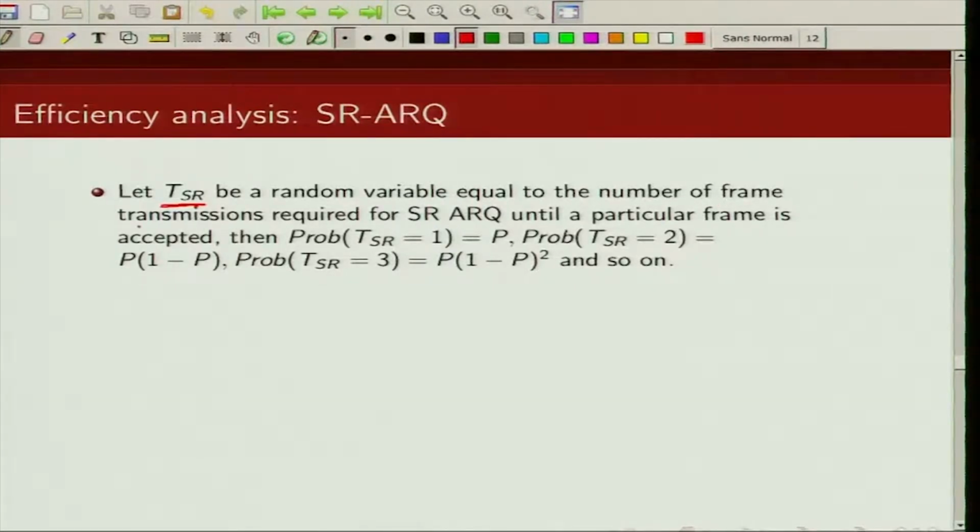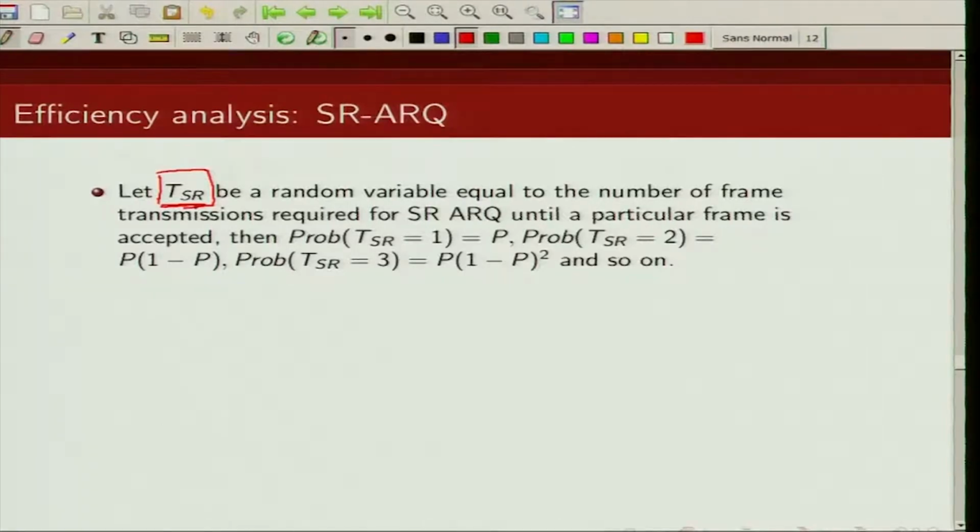It is a random variable because it can happen that at first instance the packet is accepted, or we need to transmit the packet twice to get it accepted, or we could have to transmit thrice or more.